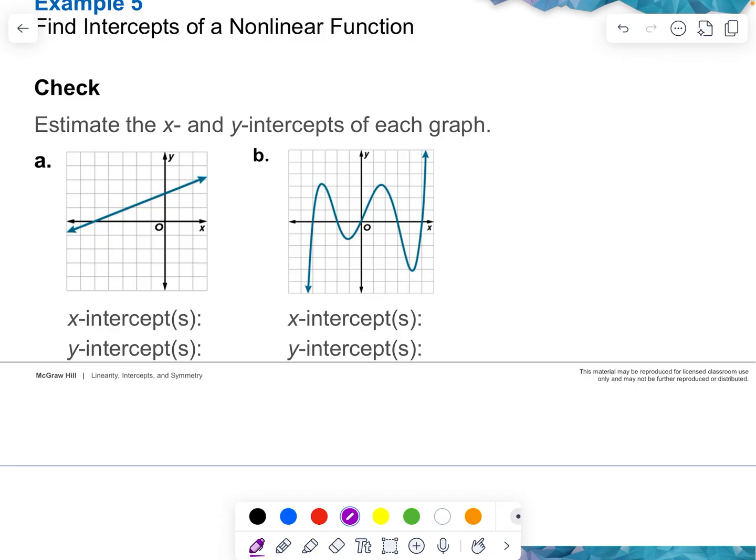I'll pause here and give you a chance, and then I will give the answers. Make sure that you agree with me on those.